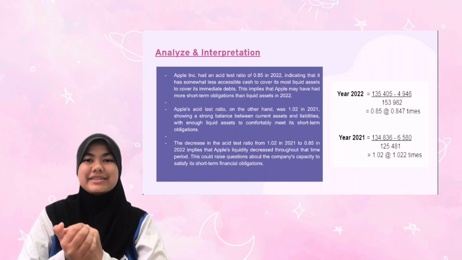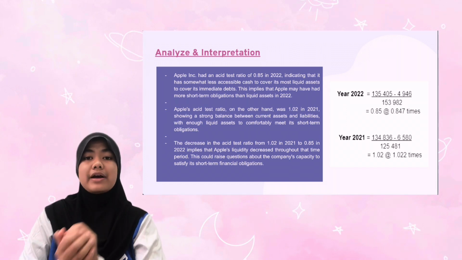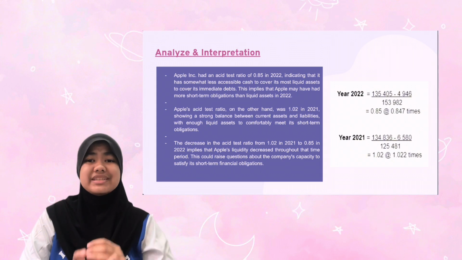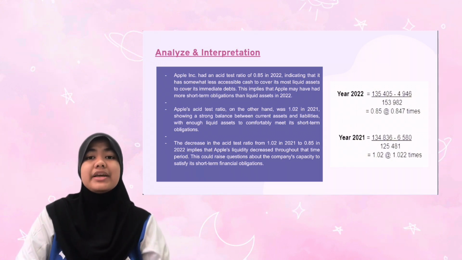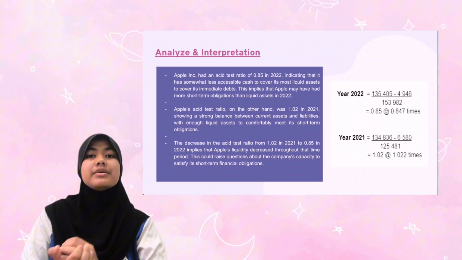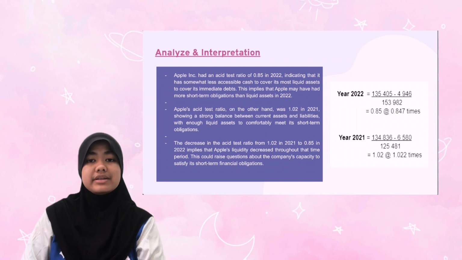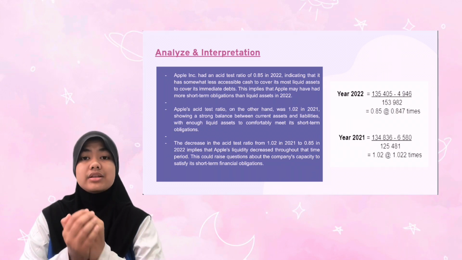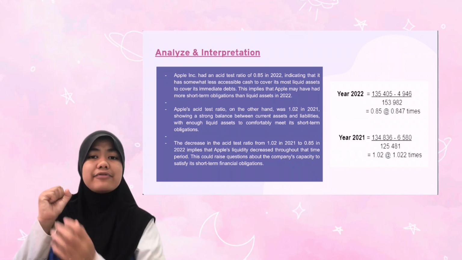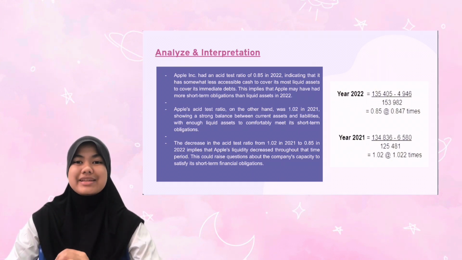From the above calculation, Apple Incorporation's asset test ratio is 0.85 in 2022. When this ratio falls below 1.0, it means that the corporation has slightly less available cash to pay its short-term obligations with its most liquid assets at that moment. This implies that in 2022, Apple might have had a significantly greater proportion of immediate obligations than liquid assets.